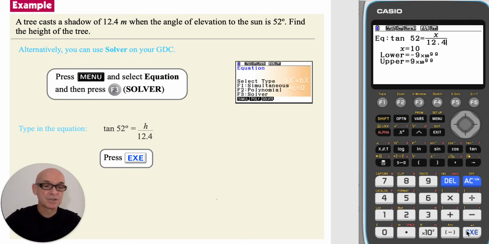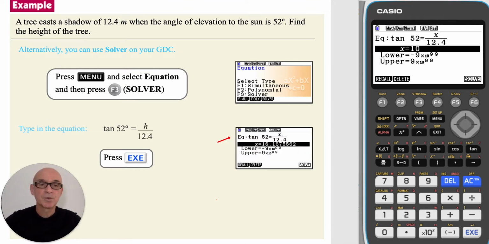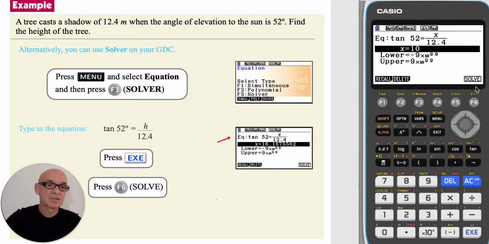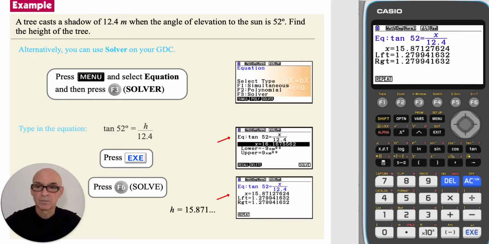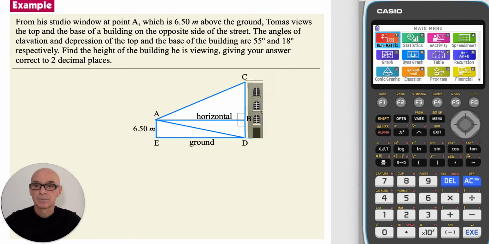Pressing Execute to enter the equation. Note that the number next to X is not the solution to the equation, as we haven't pressed Solve yet. Pressing F6 to solve the equation again gives H equals 15.87. So the height of the tree is 15.9 meters, correct to 3 significant figures.